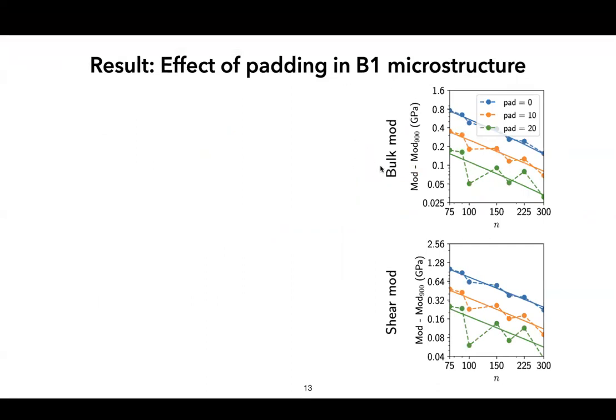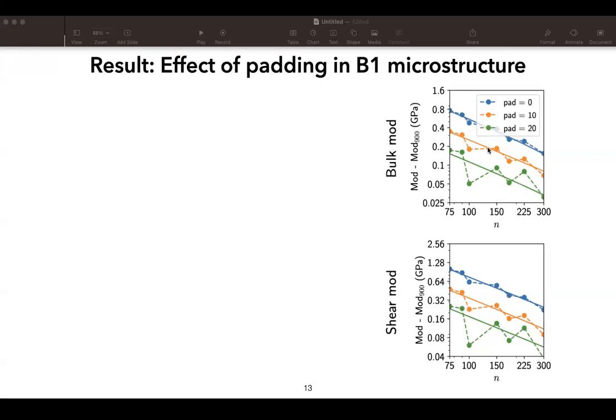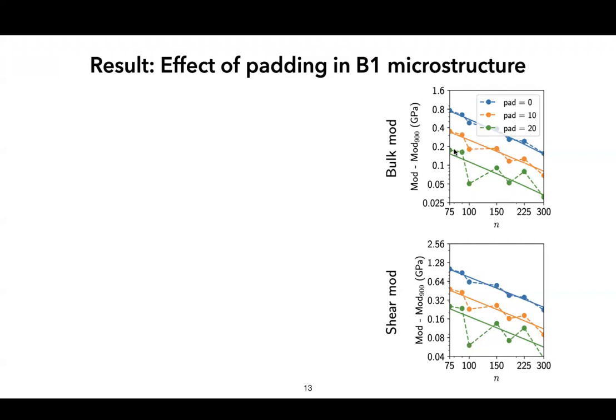For the effect of padding in B1 microstructure, here again I am showing the variation of error as a function of subimage size, and different colors represent different padding thickness. So the blue is for no padding, orange is for padding thickness of 10, which means that we have extra 10 voxels in each direction, and green is for padding thickness of 20.